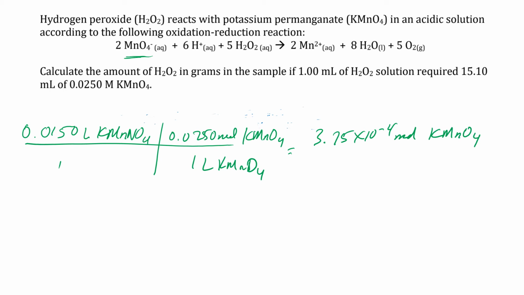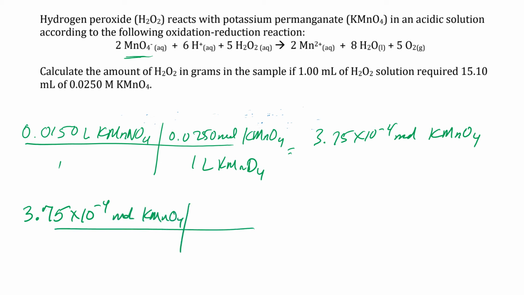Now we take our moles of KMnO4 and convert that to moles of H2O2 by using our balanced equation. So 2 moles of MnO4 on the bottom, and on top it's going to be 5 moles of H2O2.